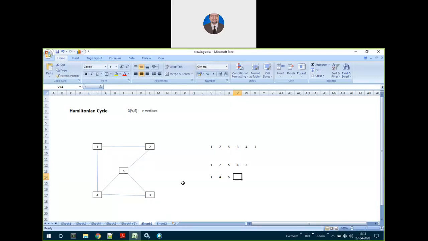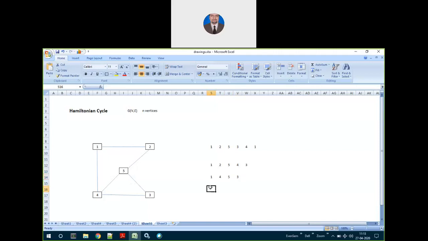Suppose I go to 3. So 1, 4, 5, 3 I have visited. From 3 I have only one option, to go back to 4, but I have already visited 4, and I cannot visit the same vertex more than once. So this is again a dead end, and not a solution.